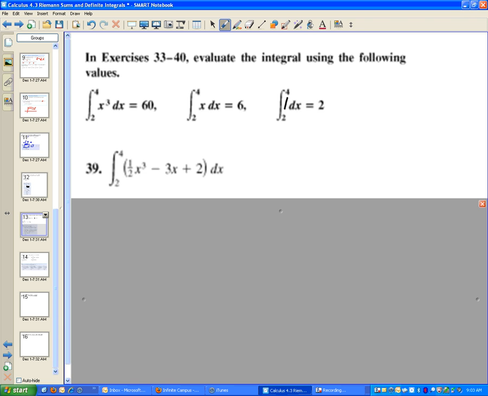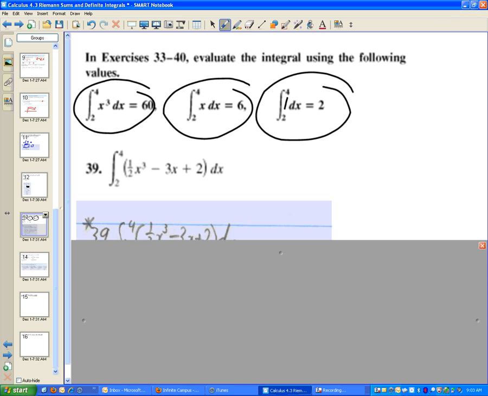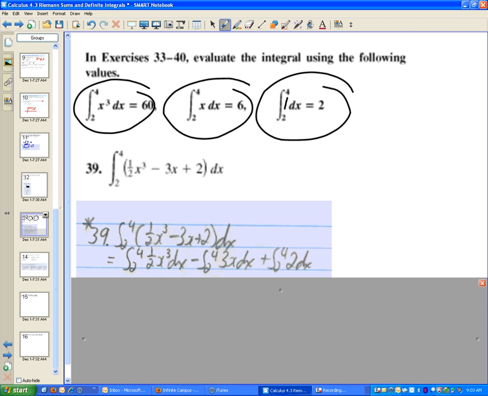minus 3x plus 2. What I've got to do is use our properties to turn it into some combination of these three things. Because I know those three integrals, so I've got to turn it into some combination of those. First thing I need to do is divide it up into its terms. So make that the integral from 2 to 4 of the first term, dx.